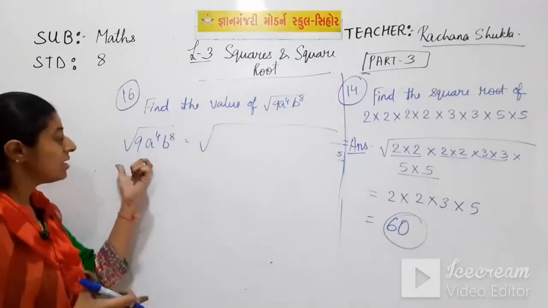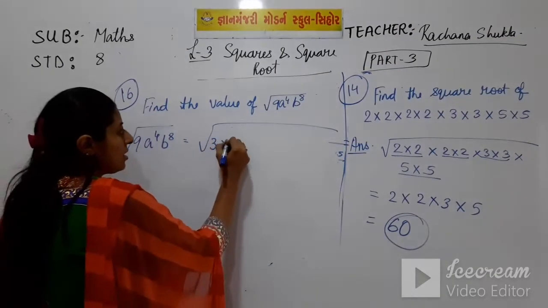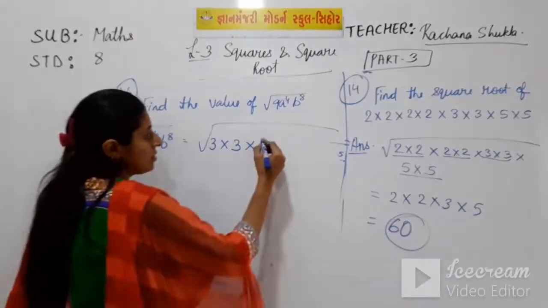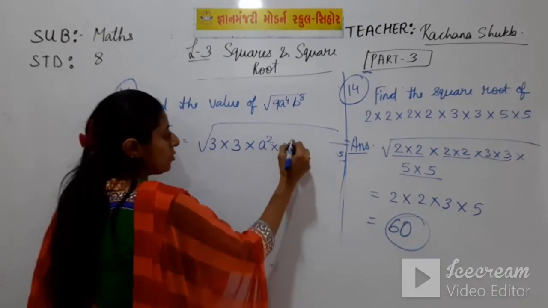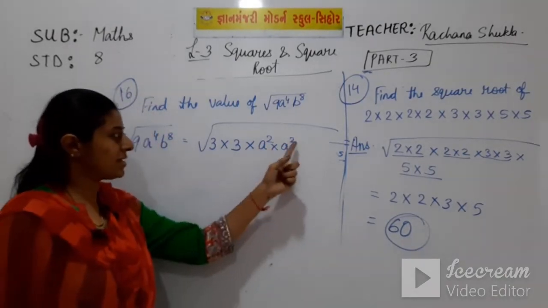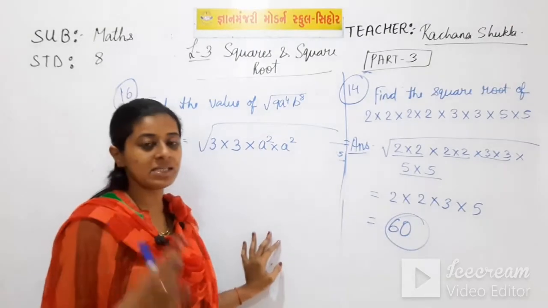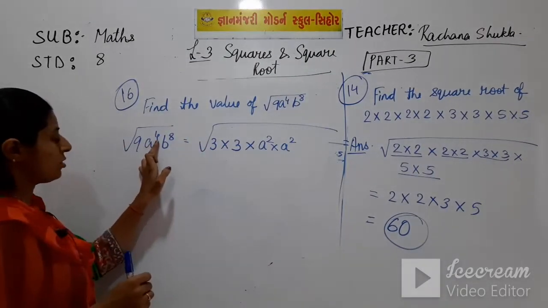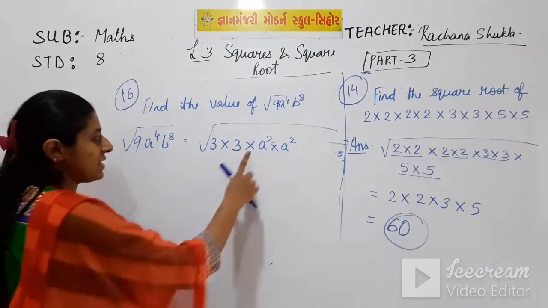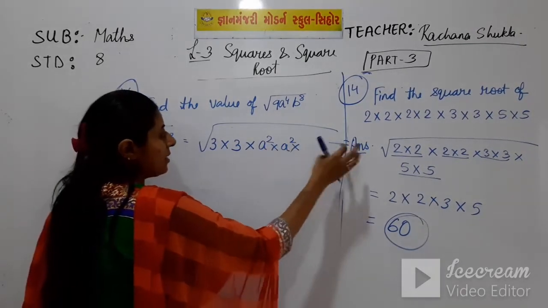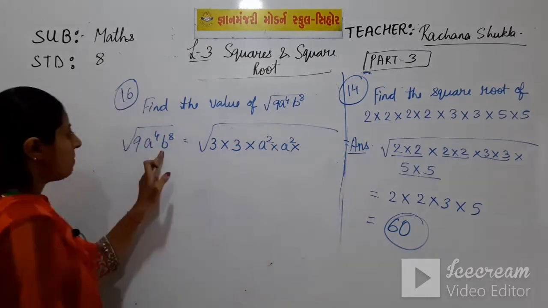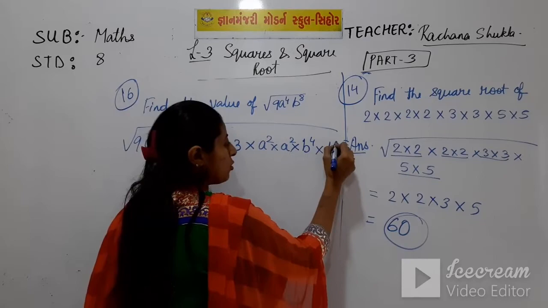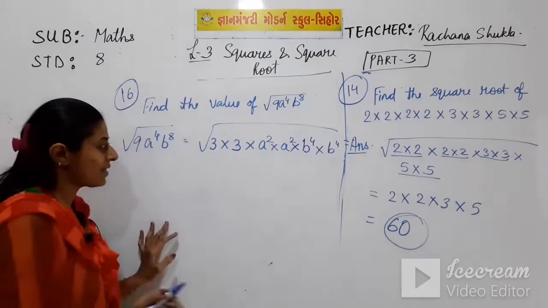Expand the numbers. 9 means 3 into 3. A to the power 4 means a square into a square. See, 2 plus 2 is 4, which we have already studied in our powers and exponents chapter. B to the power 8 means b to the power 4 into b to the power 4, like this way.